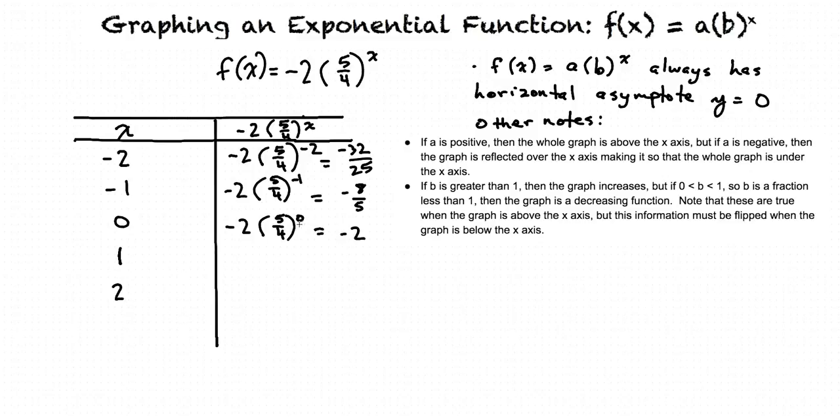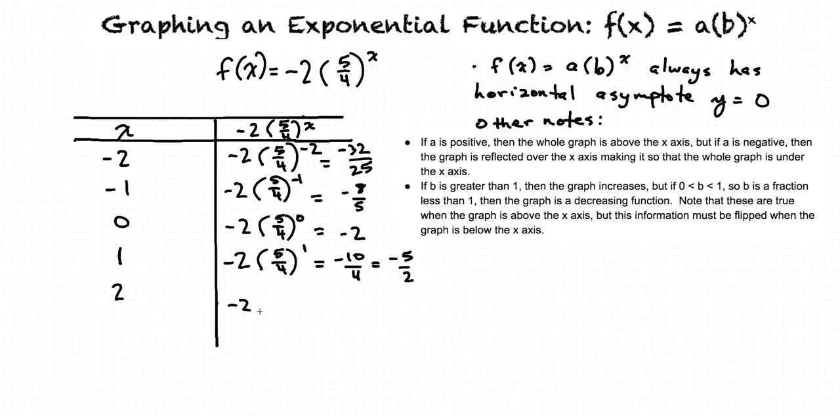Because 5 over 4 to the 0 is 1, times negative 2 equals negative 2. We have negative 2 times 5 over 4 to the first power equals negative 10 over 4, which is simplified to negative 5 over 2.